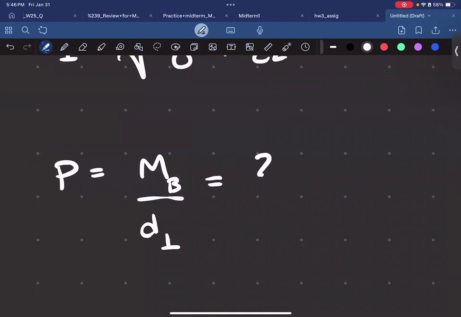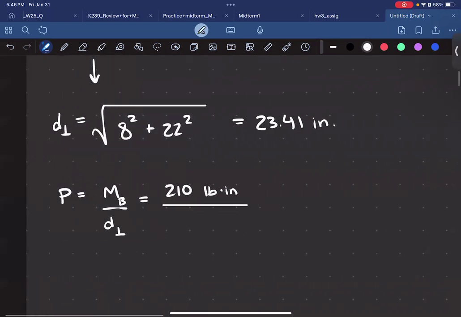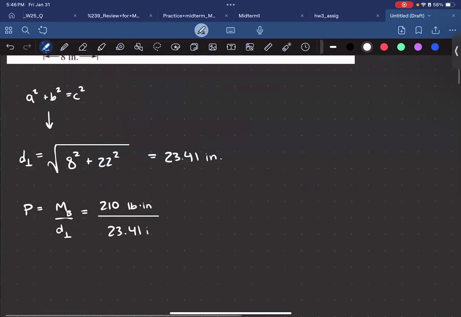That's equal to 210 pound inches over 23.41 inches. You can see that the inches cancel out, and therefore our answer is in pounds, and we're left with 8.97 pounds.